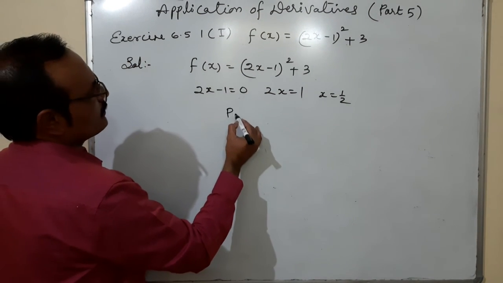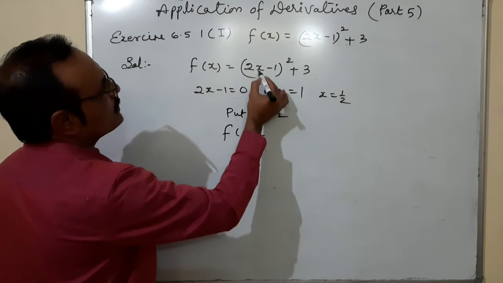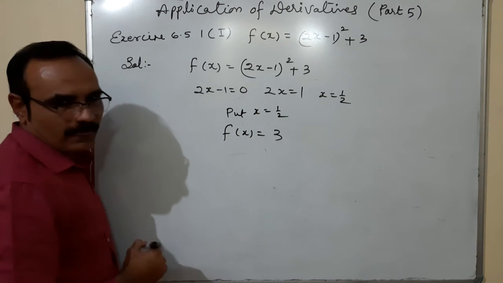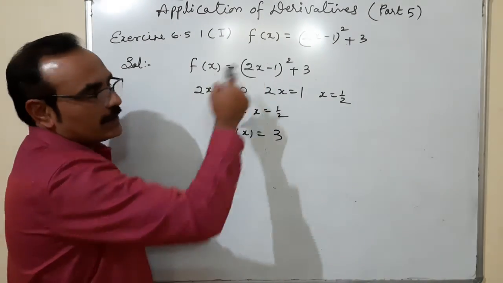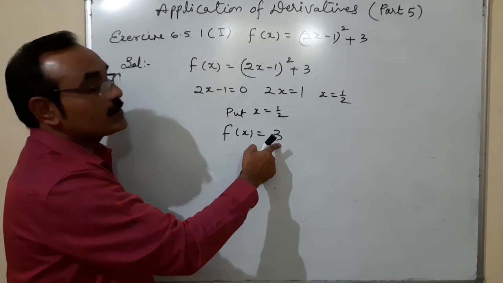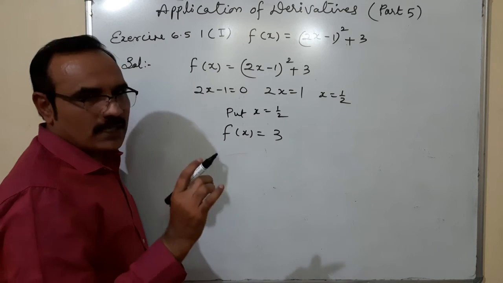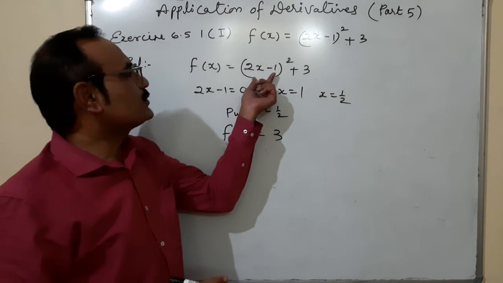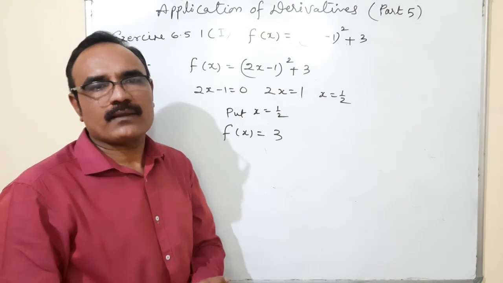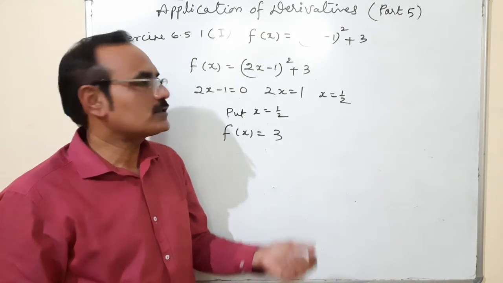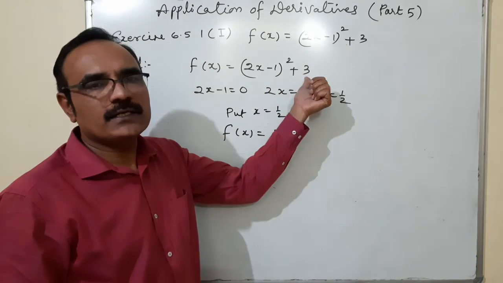So when I put x is equal to 1 by 2, then f of x is equal to 3. Can you find any other value which is less than 3? If we put anything and get a value less than 3, that is not possible here, because (2x minus 1) whole square has minimum value 0, as no negative value is possible in a whole square. 0 plus 3 means 3.